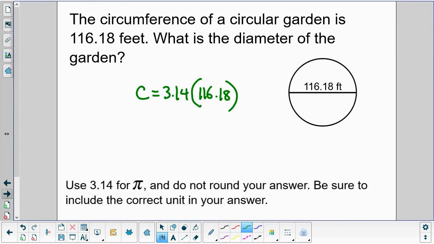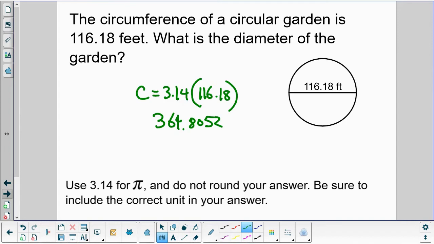So we're actually finding the circumference by multiplying 3.14 times 116.18. So our actual circumference is 364.8052 feet. And we've kind of mislabeled this picture, so we'll get it fixed on our next video.